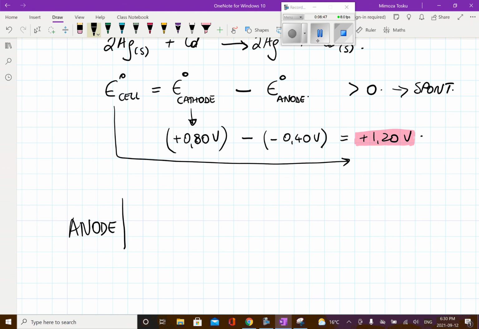That is as a result of the anode. And then you have 2 lines telling that you are done with the anode, and you have another electrolyte that is grabbing the electrons. And then you have the cathode.